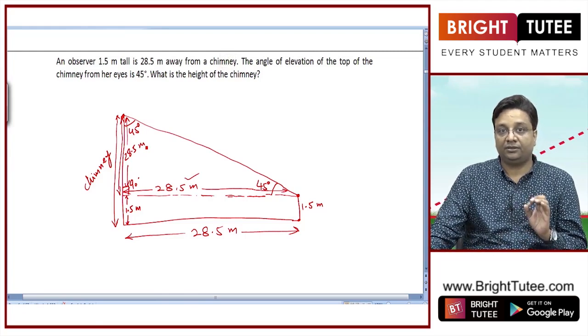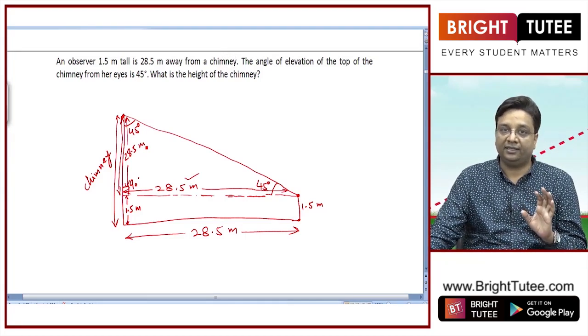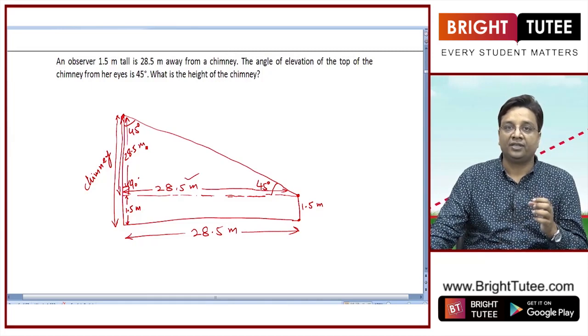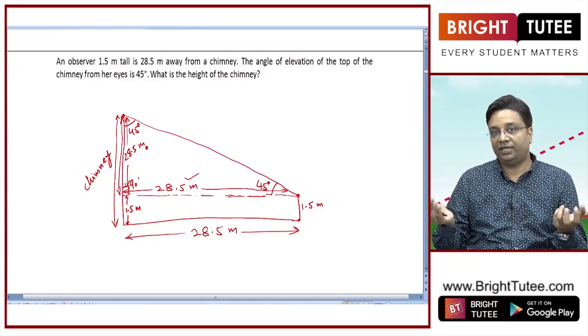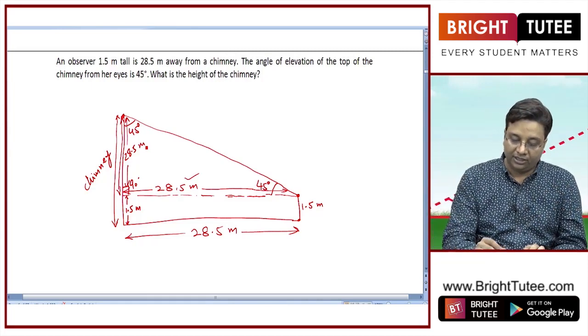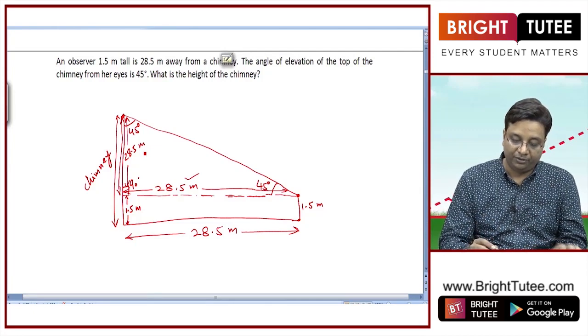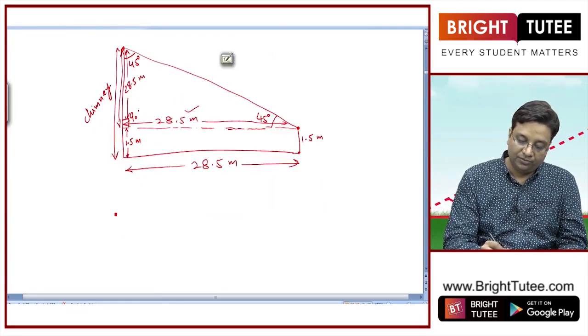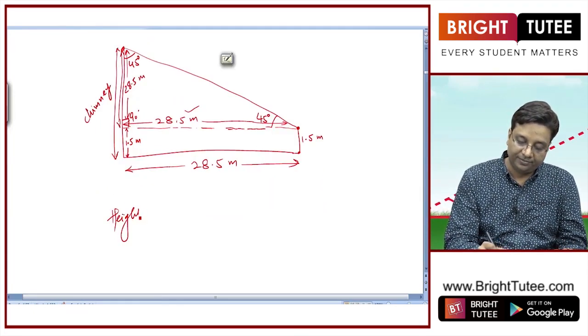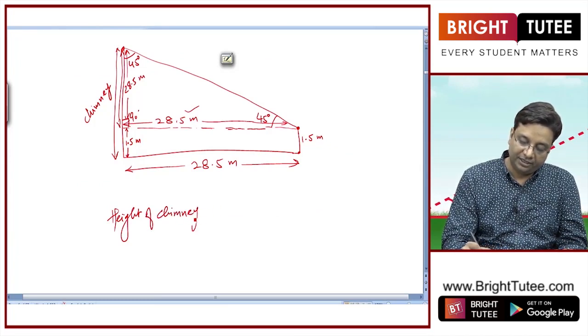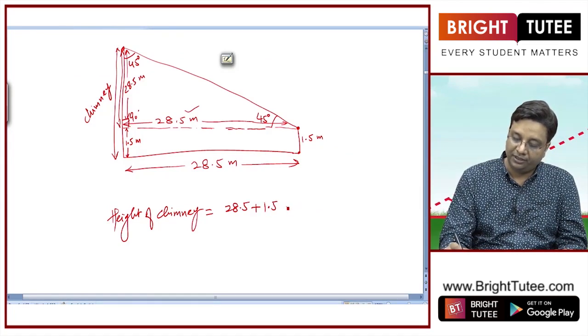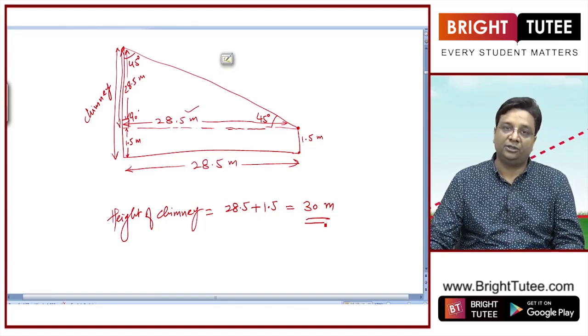Just based on the knowledge of triangles, right? In an isosceles triangle, sides opposite to the equal angles are equal. So this height here is 28.5 meter. So height of chimney is equal to 28.5 plus 1.5, that is equal to 30 meter. So this is your answer.